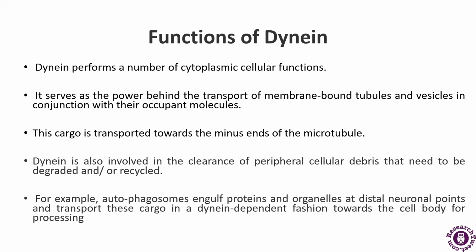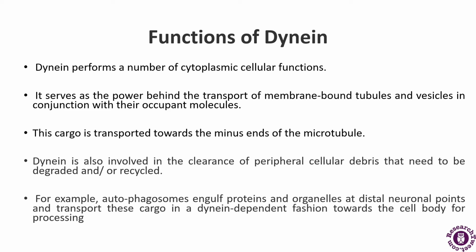So this transportation can also be employed for the transmission of certain signals across cellular regions. Furthermore, some recent data suggests that dynein may be involved in the translocation of proteins spanning the membrane and lipid bilayer signaling complexes.